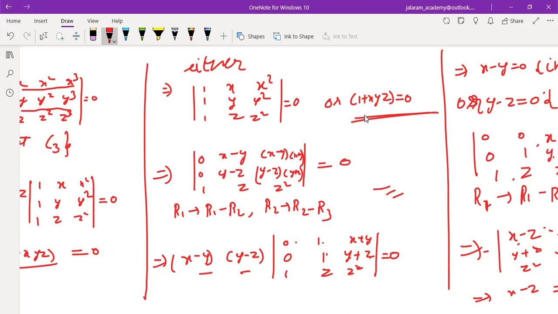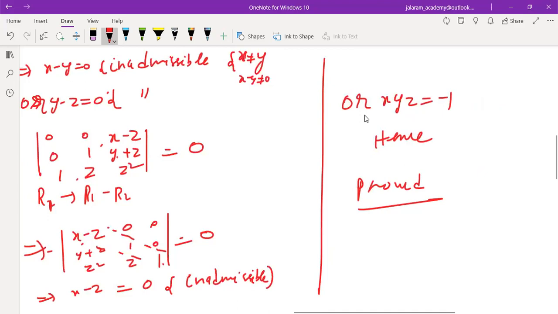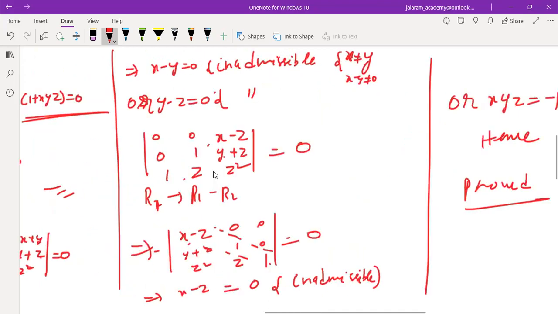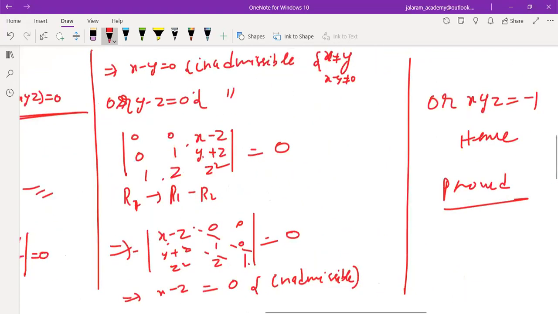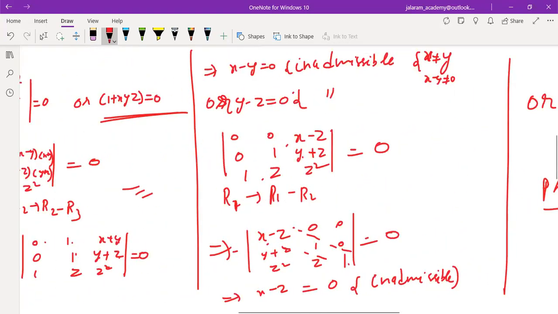But in your board exams, where there are subjective exams, you have to solve it completely by clearly showing that x is not equal to y is not equal to z, x is not equal to z. So x minus y is non-zero, y minus z is non-zero, and z minus x is also non-zero. So we cannot take them as the factors. Okay. So hope you all must have understood. So solve it to get the real answer. Okay.